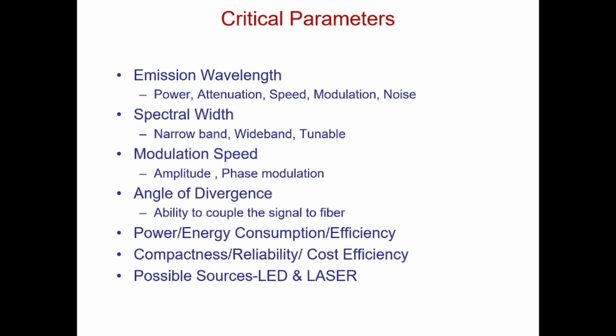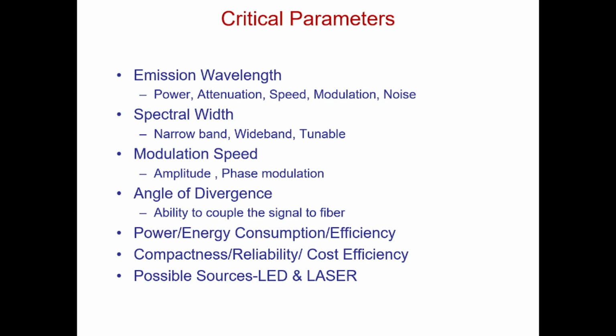That is, whatever signal is available should be narrowed down or pointed towards the fiber, so that it can couple directly to the fiber. So the amount of signal available from the source should be directly coupled to the fiber we are using. The angle of divergence is a very important parameter in considering optical systems.